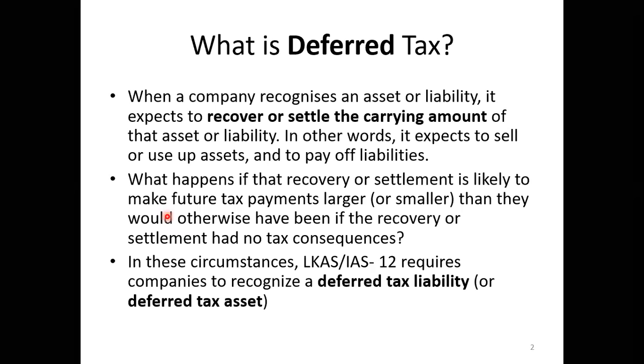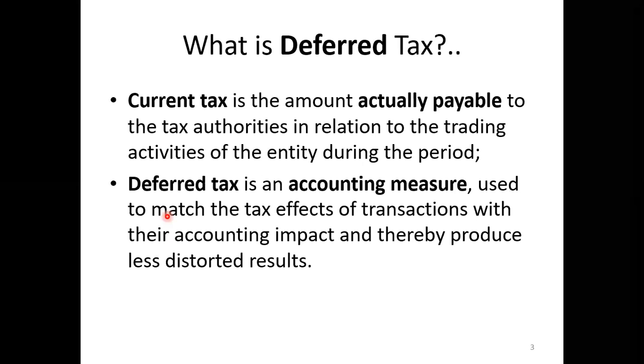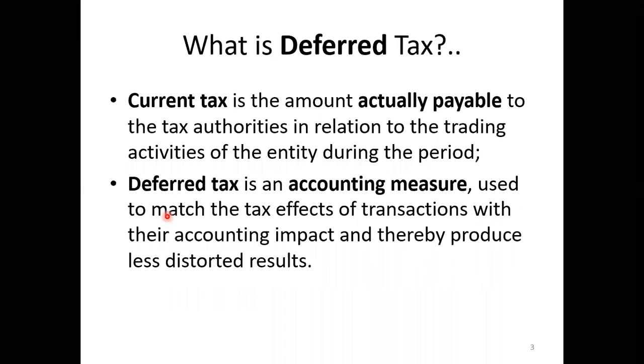To find the accounting profit, we follow accounting rules and regulations. To find out taxable profit, we have to follow the rules of the tax authorities. Keep it in your mind. Current tax means the tax for the period. Current tax is the amount actually payable, not an estimated amount. It is the actual amount payable to the tax authorities in relation to the trading activities of the entity during the period.